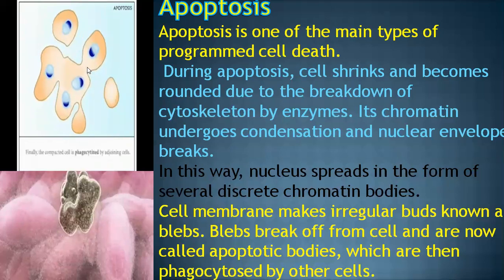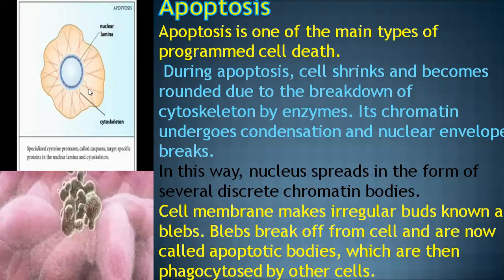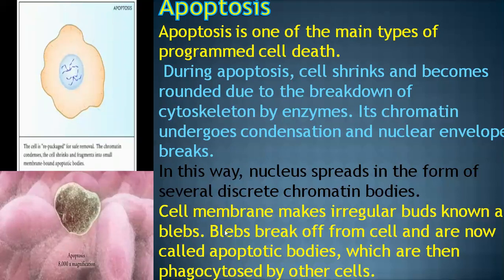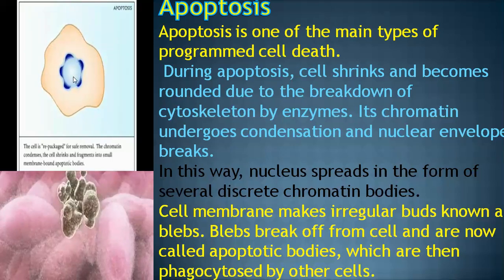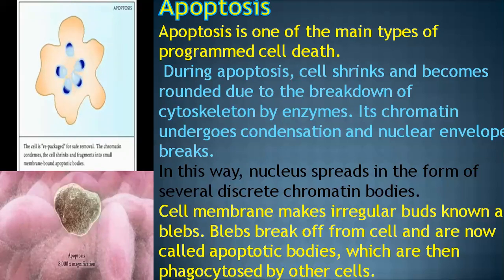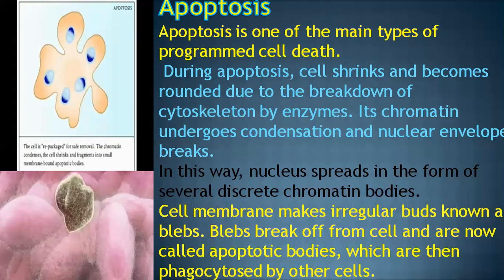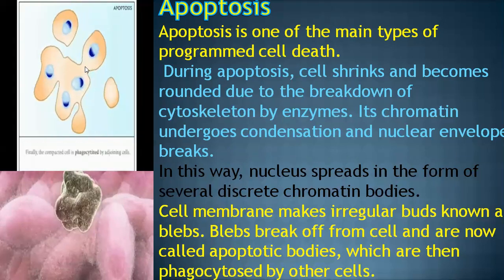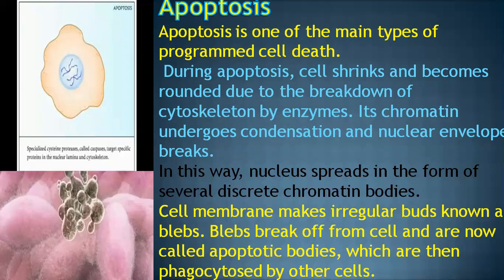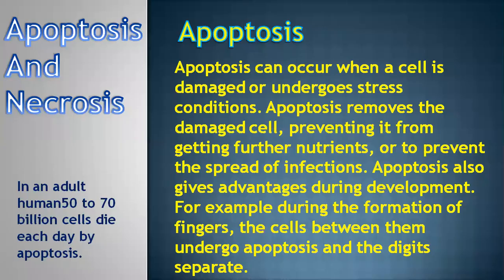And then the cell membrane makes irregular buds, and those buds are called blebs. These blebs break off from the cell. Those are called apoptotic bodies, which are then phagocytosed by other cells because they spread. The white blood cells are everywhere, so they eat them and degrade them.